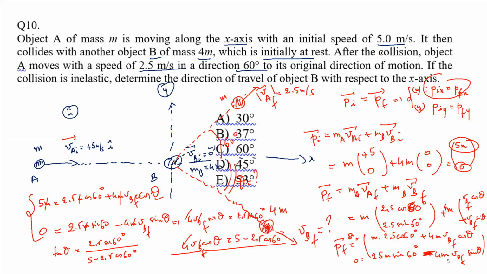So you calculate this, and then you take the theta. Of course, you will have theta of 30 degree. Some good student talked to me before and asked me, they find theta is equal to minus 30 degree. I said, it makes sense because here, this theta is 30 degree below the x-axis.